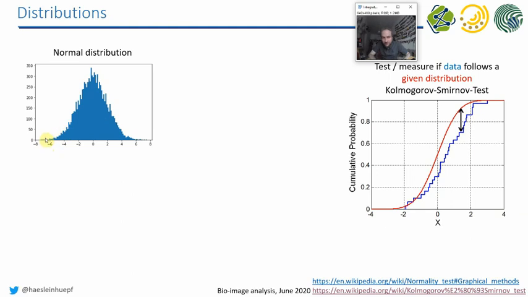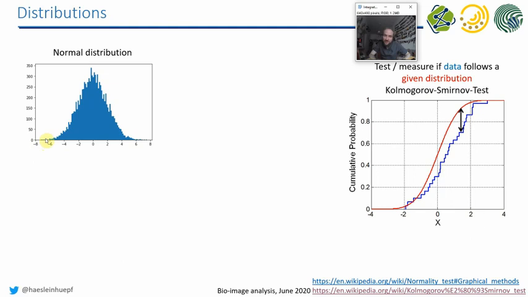So we always measure the area from negative infinity until the point where we are, and we write this area in a diagram. This is our blue curve here. From left to the right, it's increasing until we reach the peak, and then when the probability is decreasing again, we see that the curve is flattening, right? Everybody was recently talking so much about flattening, so here you see it.